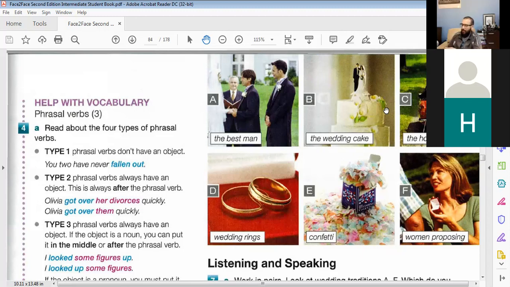Okay. What about confetti? Do we use confetti in our weddings? Yeah, sometimes we use it. Okay. I think wedding rings, we still use them in our weddings. Yeah. Wedding cake. Right. Yeah, some of them use wedding cake. I think all weddings have a wedding cake. Right?